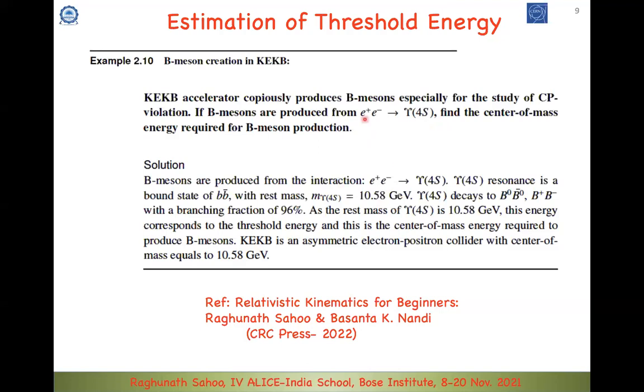In this asymmetric e+ e- collider, the way they have chosen the energies of e+ and e-, exactly the center of mass energy available for Upsilon 4S production is 10.58 GeV, which is nothing but the mass of the Upsilon. So this threshold energy helps us determine what the beam energy should be to produce a particular final state particle. This concept is used in various accelerators, but I have taken this example from the KEKB factory.